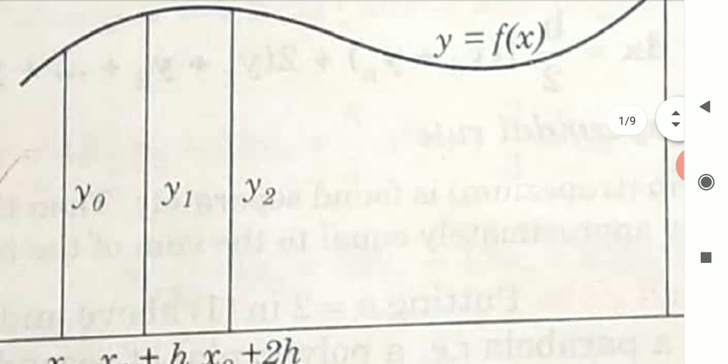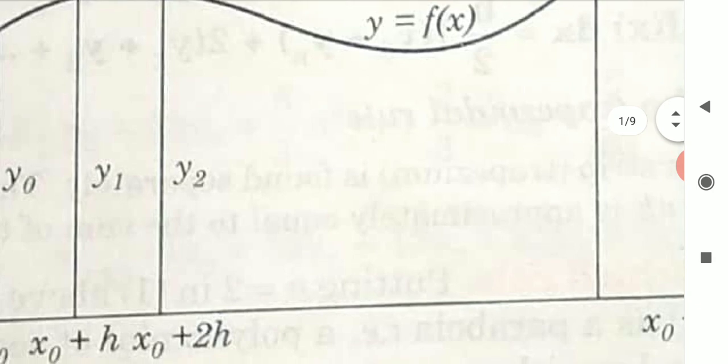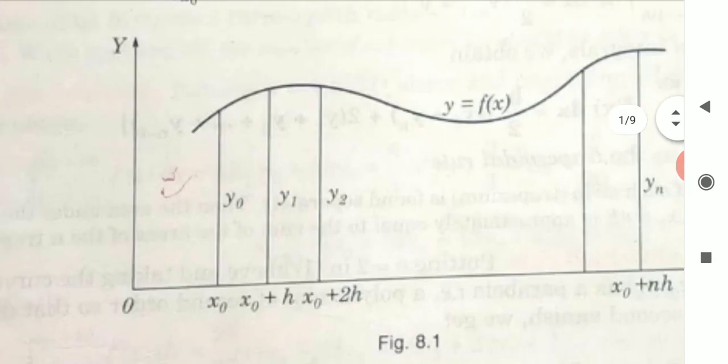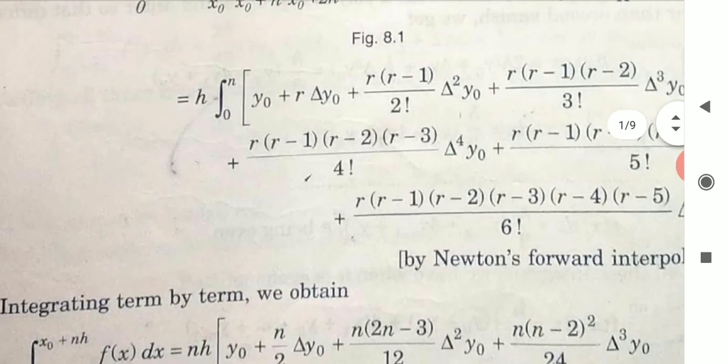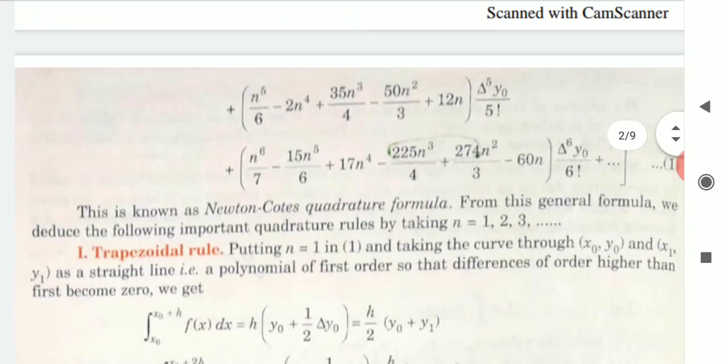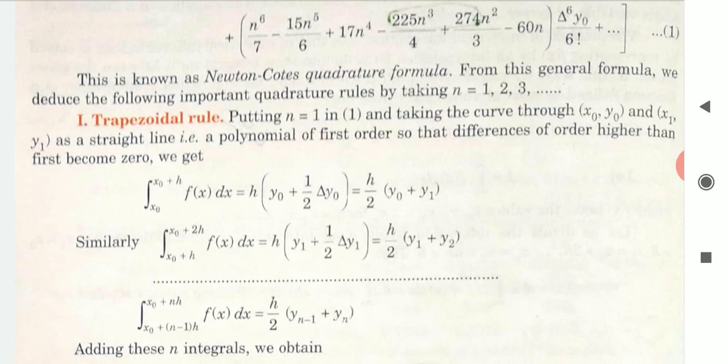Another trapezium between x2 and x3, x3 and x4, x4 and x5, xn minus 1 and xn. By approximating the curve between the 2 points which we have divided via a straight line, we get a mini trapezium. That is why this rule is called the trapezoidal rule.